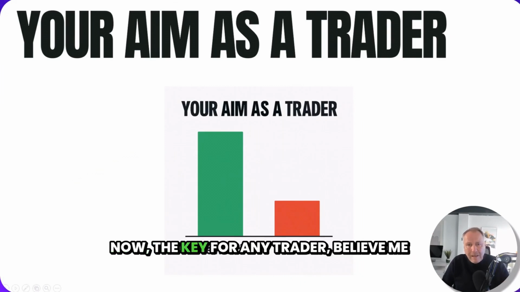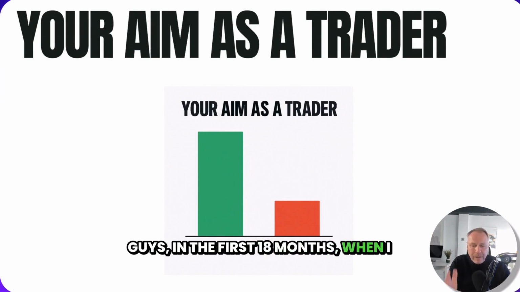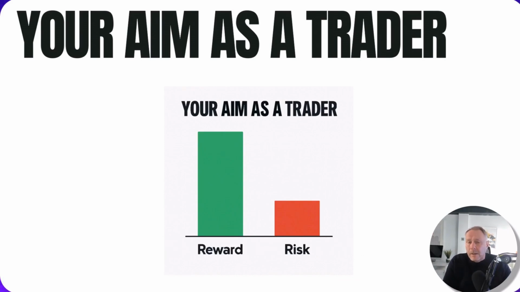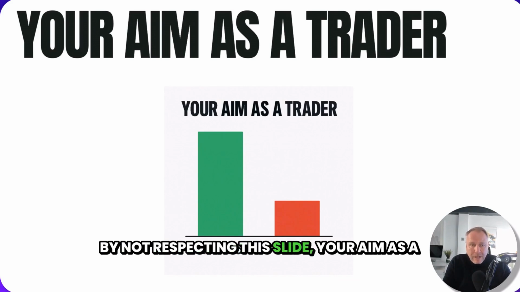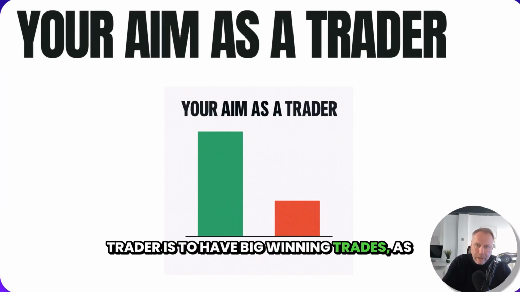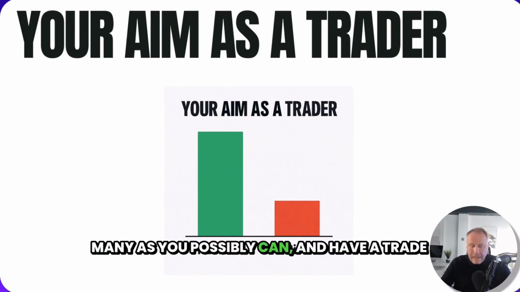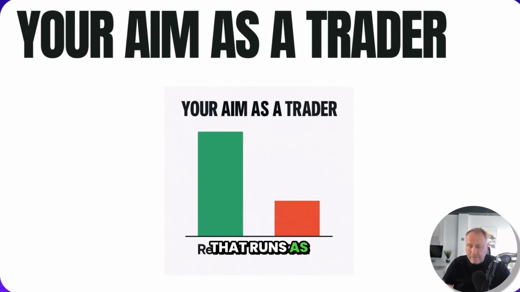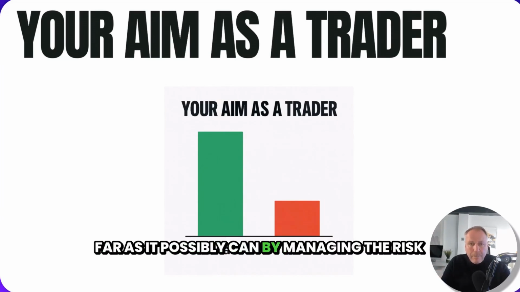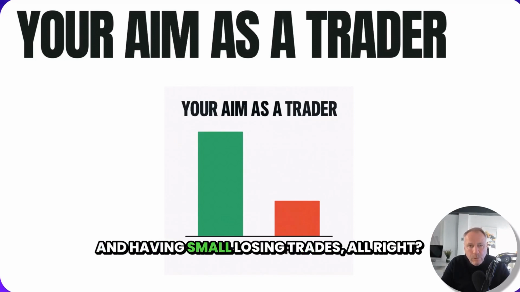Now, the key for any trader, believe me, guys, in the first 18 months, when I started in 2004, I lost £44,000, British hard-earned pounds, by not respecting this slide. Your aim as a trader is to have big winning trades, as many as you possibly can, and have a trade that runs as far as it possibly can by managing the risk and having small losing trades.